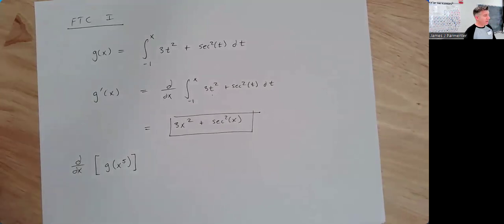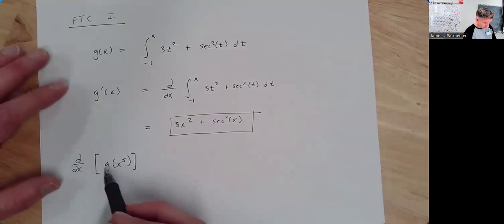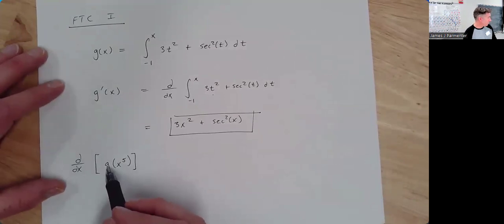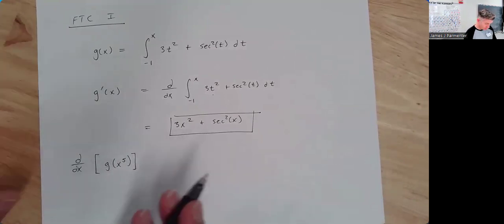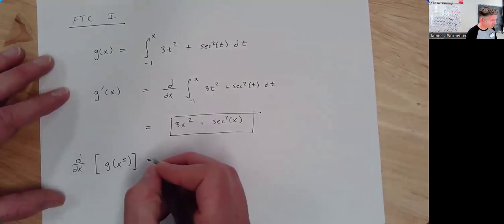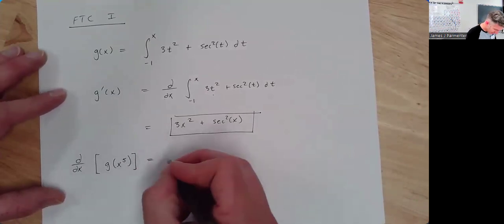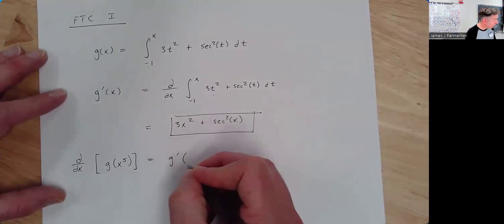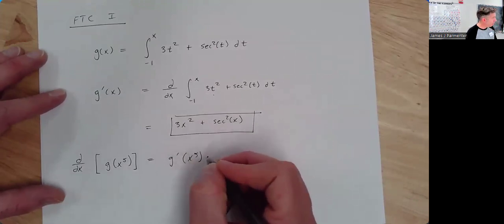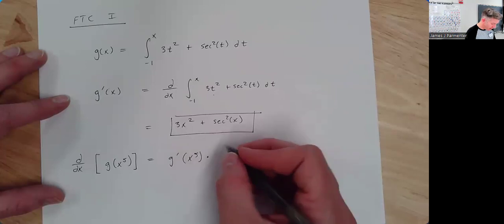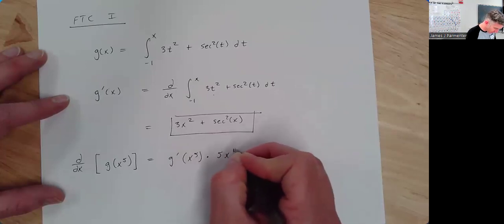So if I do the derivative of the outer function, the derivative of g is g prime. So I'm going to get g prime of my stuff times what? Right, the derivative of my stuff.